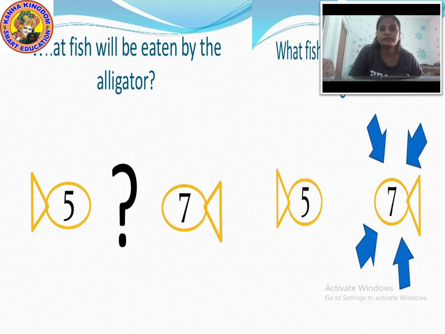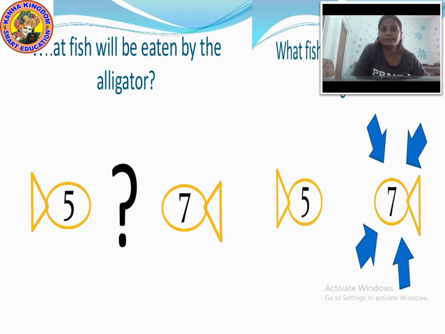Now which one is the greater number and which one is the lesser number? Can you compare? Can you say which number is bigger and which is smaller? Which number will the alligator eat?